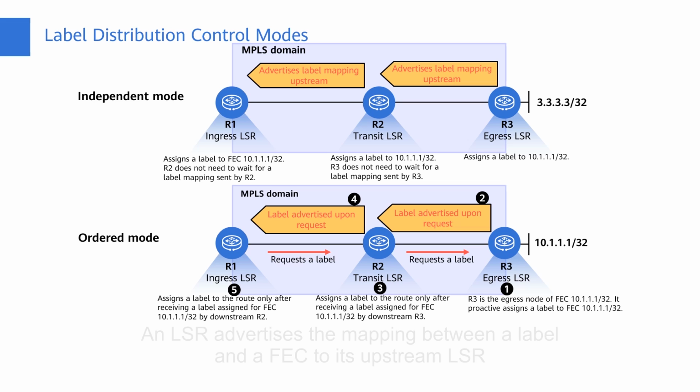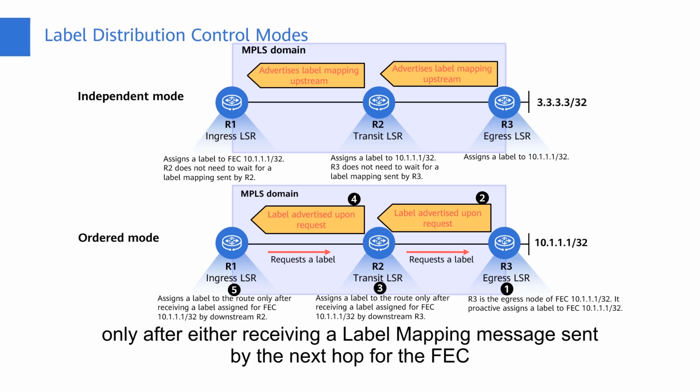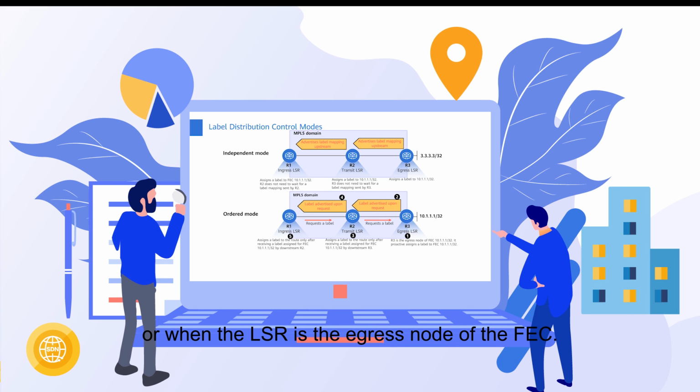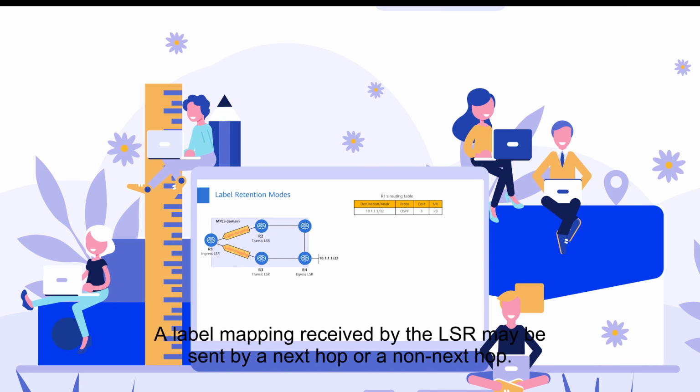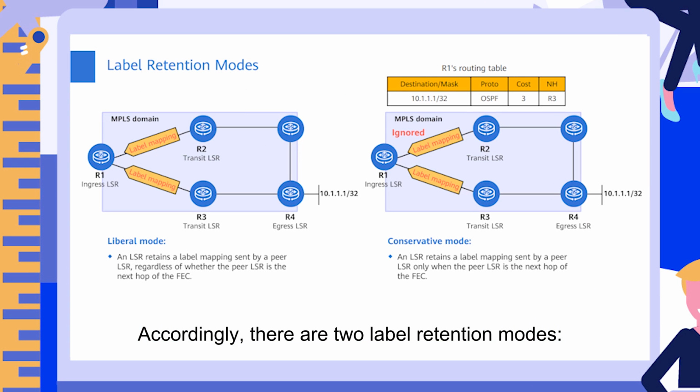Ordered mode. An LSR advertises the mapping between a label and a FEC to its upstream LSR only after either receiving a label mapping message sent by the next hop for the FEC, or when the LSR is the egress node of the FEC. A label mapping received by the LSR may be sent by a next hop or a non-next hop. Accordingly, there are two label retention modes.